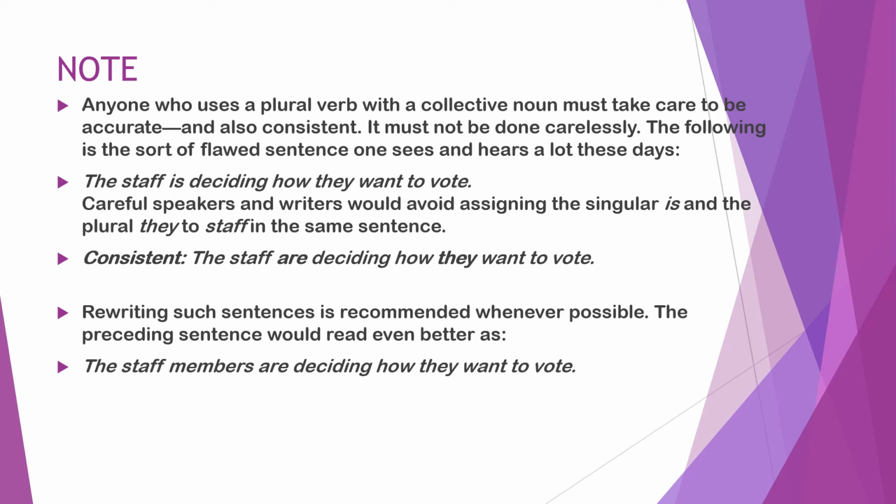It's going to confuse you if you begin with singular and suddenly add a "they." So how to be consistent? Because you want to maintain the word "they" at the end, say: the staff are deciding how they want to vote.